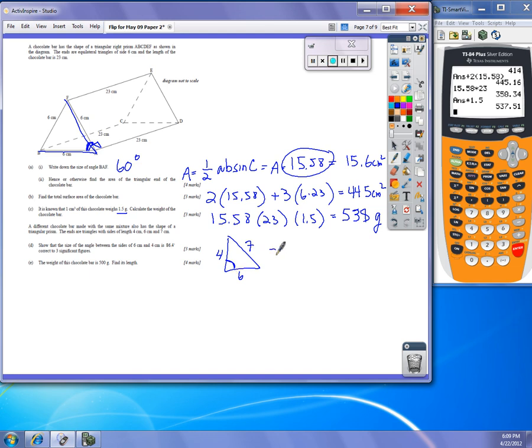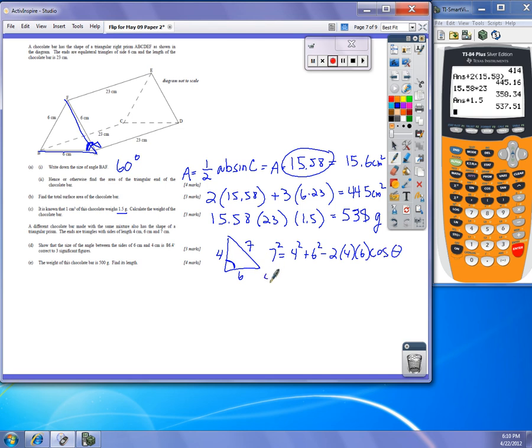So that means 7 squared is equal to 4 squared plus 6 squared minus 2 times 4 times 6 times the cosine of the angle. Now let's go through order of operations here.